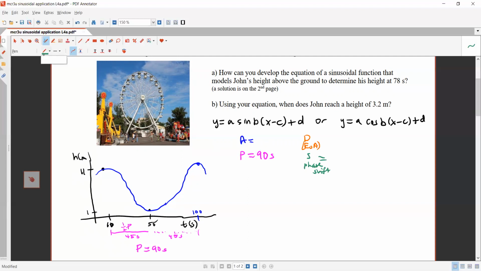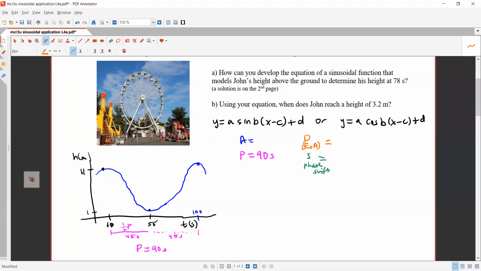A lot of you already know the connection to our previous topic, which was looking at transformations of sine and cosine graphs and figuring out their equations. This is an application where we can try to predict things. I wish we could draw a good sketch. If we could, at 70 seconds we could just read off the graph. But because we're doing this mathematically, we're going to be okay.